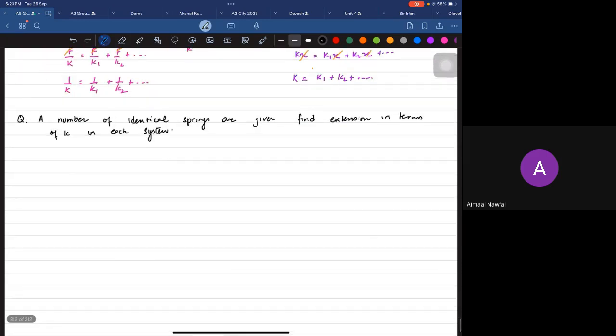So you have the first one given like this, and mind you, they're all the same type of springs. If they've said they're the same type of spring, it means that they will have the same k. The next one is like this.